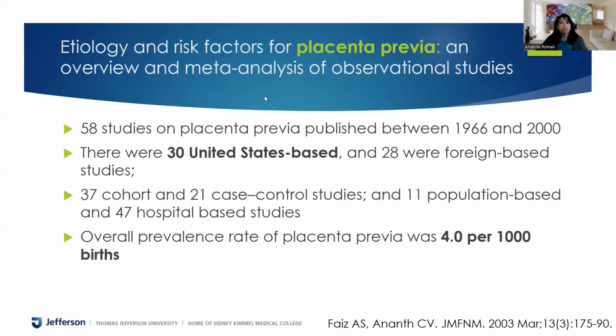The etiology of placenta previa. So this is a meta-analysis of observational studies, including 58 studies, 30 of them in the United States. And the overall prevalence of placenta previa was 4 in 1,000 births.